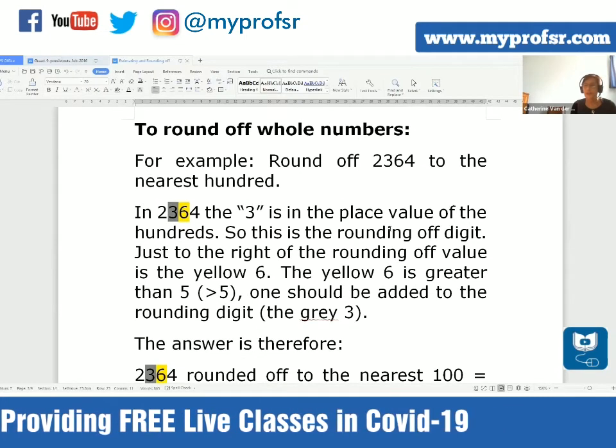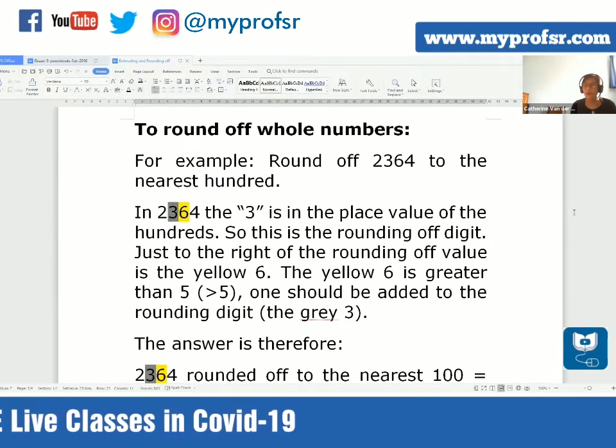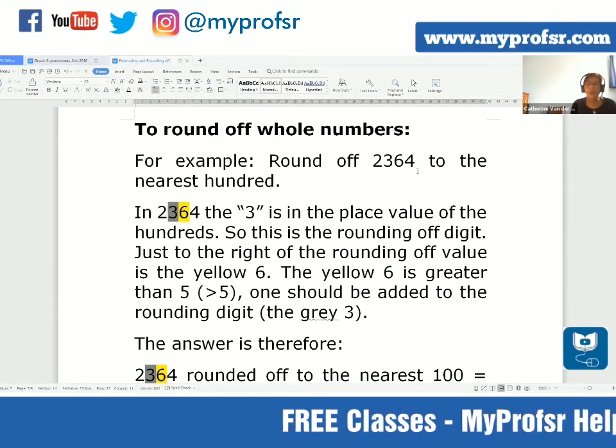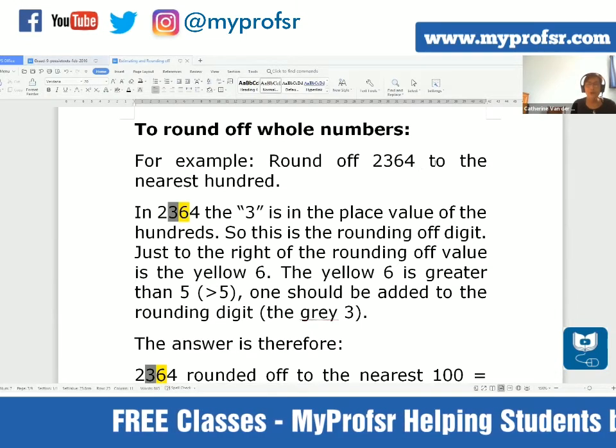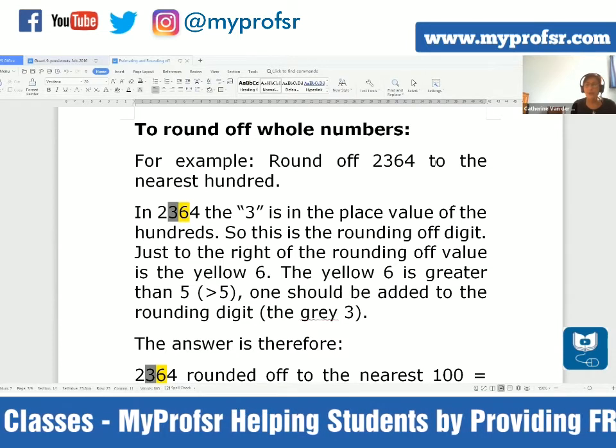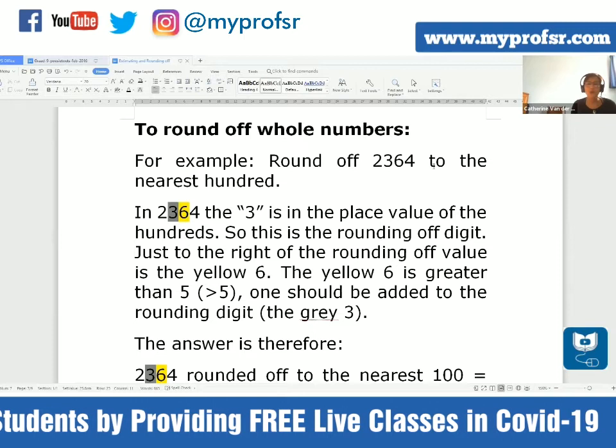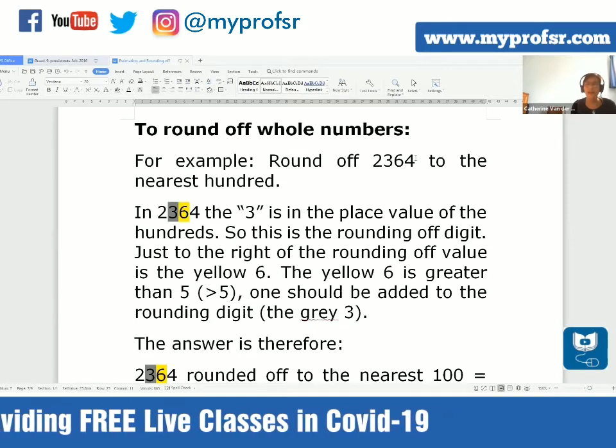Now, we're going to work with rounding off the whole numbers. So we're going to round off 2,364 to the nearest 100.